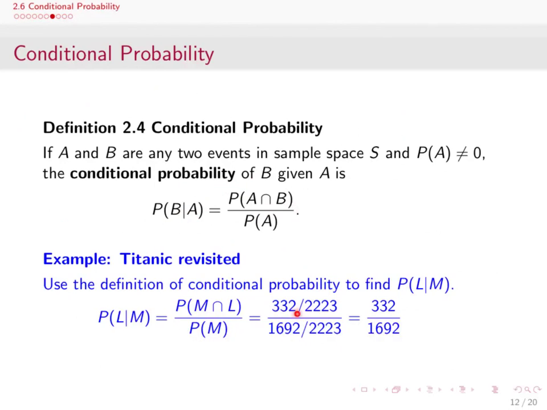Likewise, there were 1,692 males out of all 2,223 passengers. So when we simplify that fraction, we do in fact get the same value we had before, which was the 332 over the 1,692. So whether we make use of the table on the previous page or the conditional probability formula here, we end up with the same outcome.